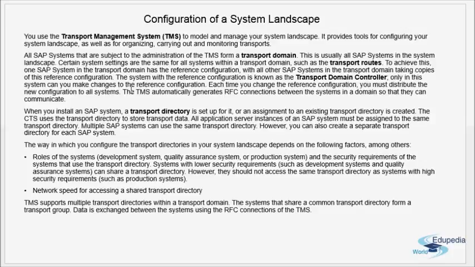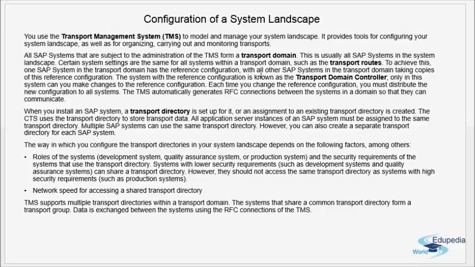All SAP systems that are subject to the administration of the TMS form a transport domain. This is usually all SAP systems in the system landscape. So the SAP systems which are subject to the administration of the TMS form a transport domain.